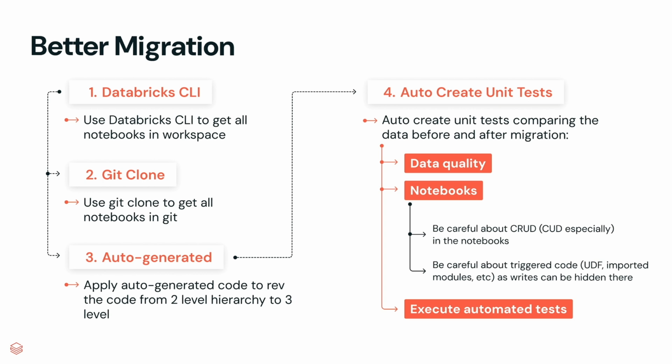After that, you can create unit tests, because you can run the notebook as it was and the notebook as it is proposed, compare the results, and have some data quality metrics.